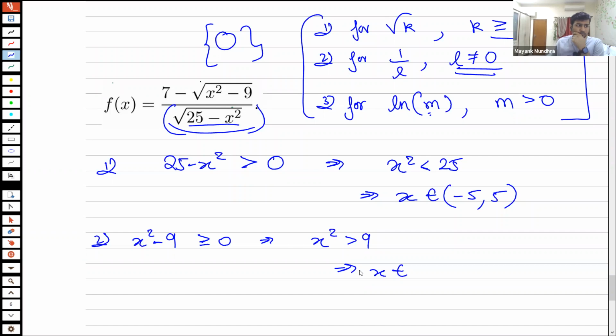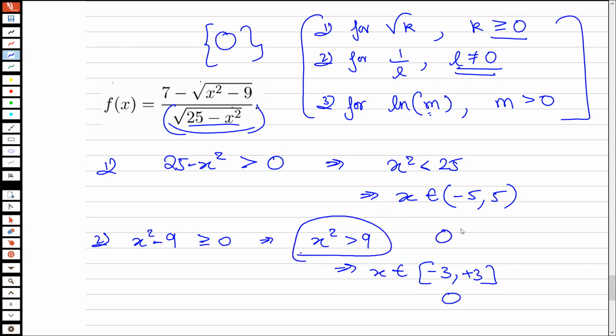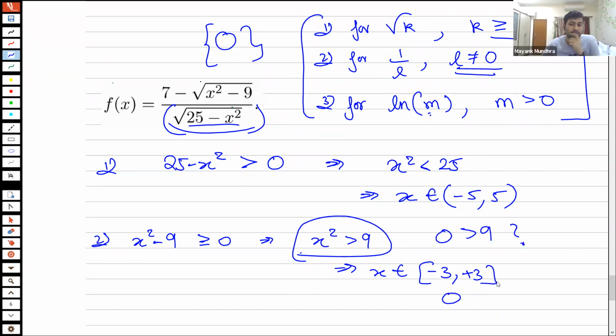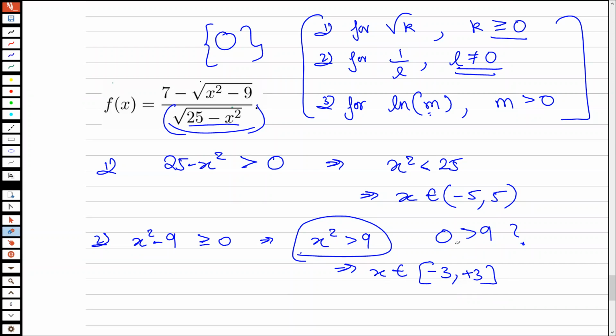Anyone? Okay, please go on. Closed intervals -3, +3. You're saying -3 to +3. So one of the elements here is 0. Between -3 and 3, one of the elements is 0. Is 0 square greater than 9? Do you want to change your answer? So these elements will not be included then.